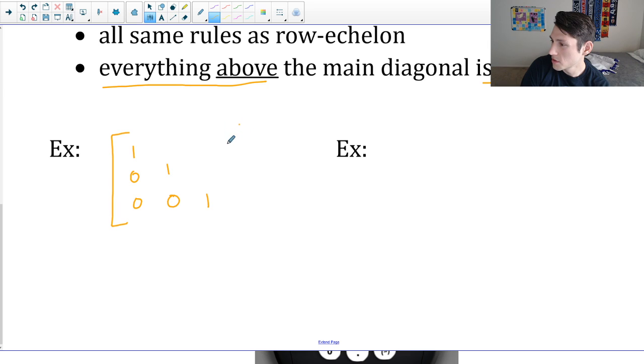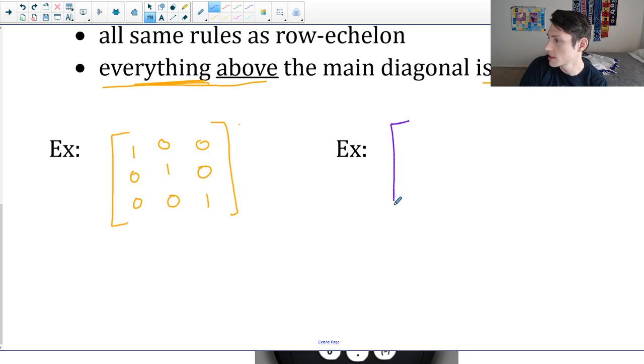Right, so we have our zeros here, but instead of having numbers up here, everything above is also 0. So 0, 0, 0. Okay, main diagonal is 1. Everything below is 0. Everything above is 0.